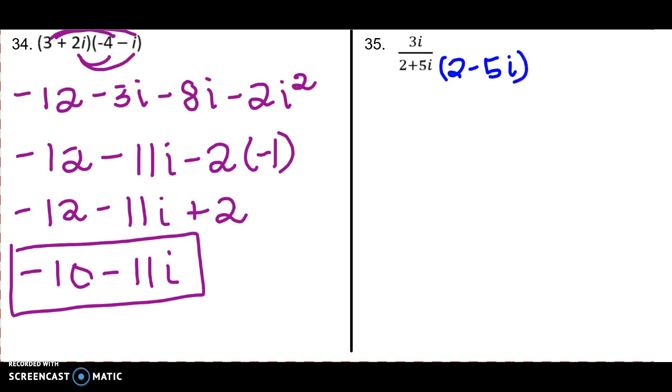And remember, if we multiply the denominator by that, we also have to multiply the numerator by the same thing. So now we'll distribute the 3i. So I get 6i, and then 3i times negative 5i is negative 15i squared.